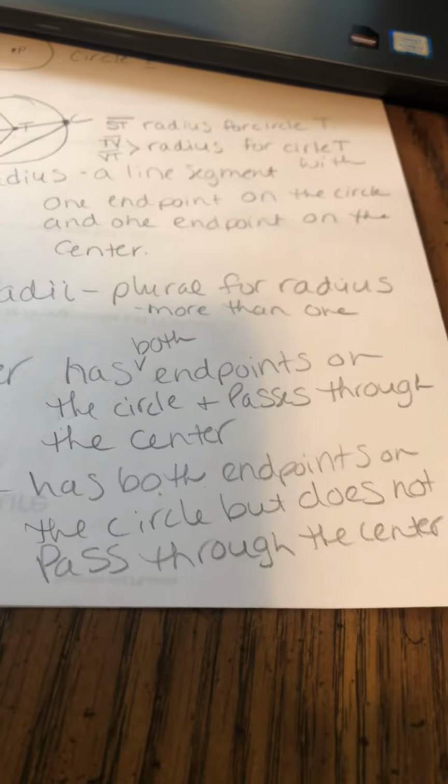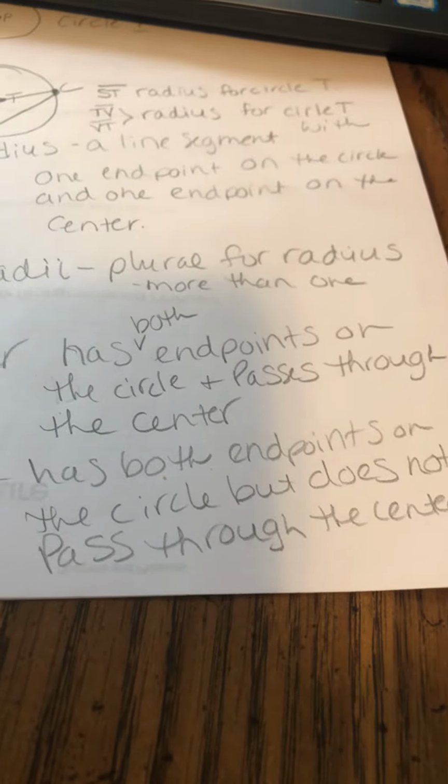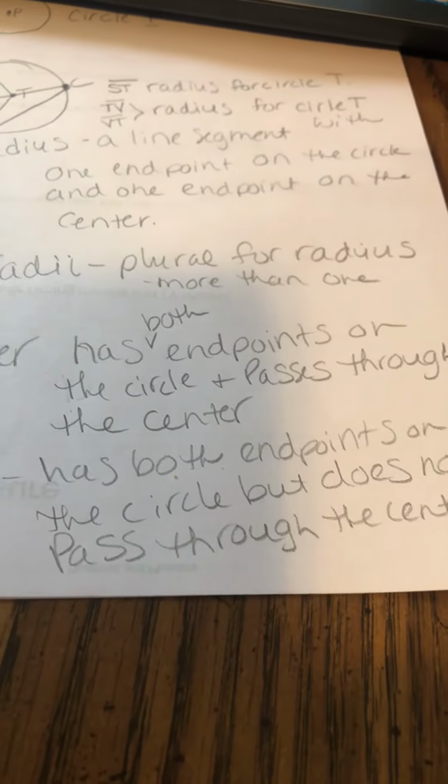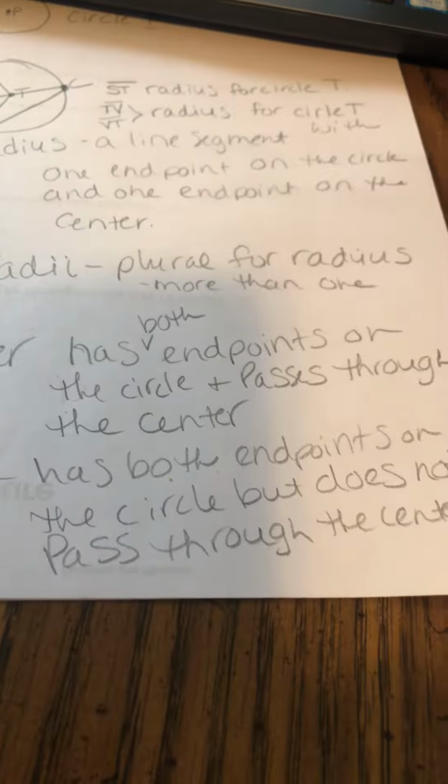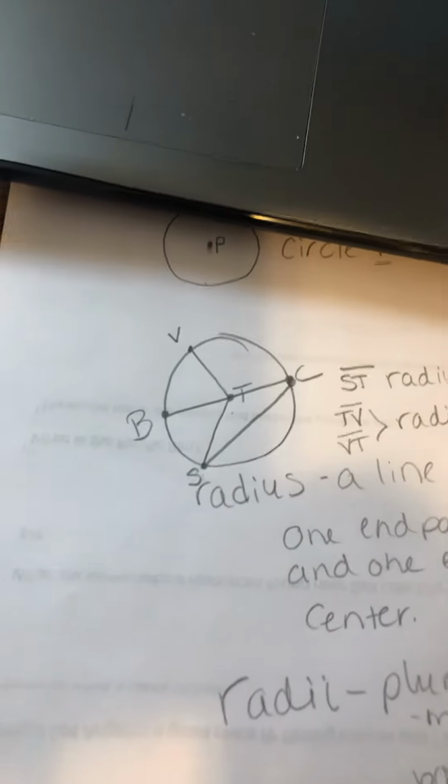Okay, so there you go. Has both endpoints on the circle, but does not pass through the center. So in this case, line segment SC on our circle up here is a chord.